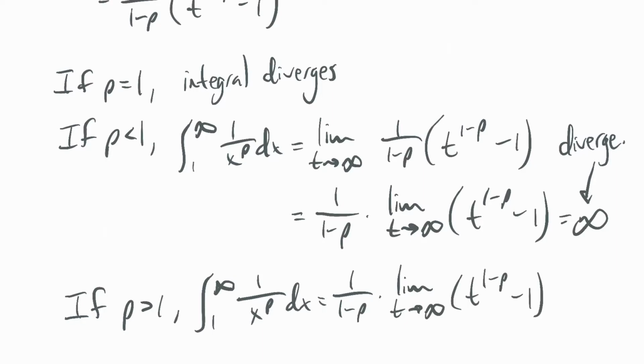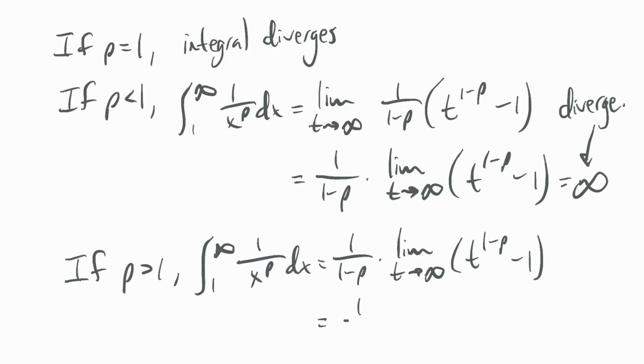Now, remember, if p is greater than 1, that means this exponent is negative. So we'll have t going to infinity with a negative exponent, which goes to 0. So this will equal 1 over 1 minus p times negative 1. 0 minus 1 is negative 1, of course. So you get 1 over p minus 1.